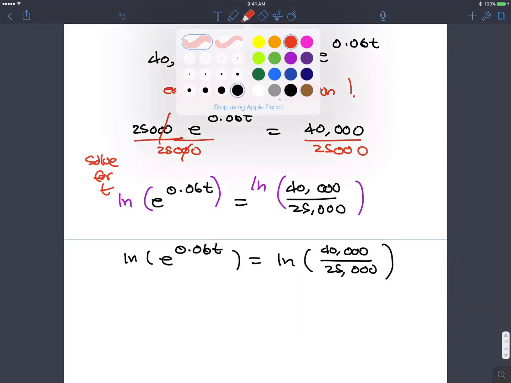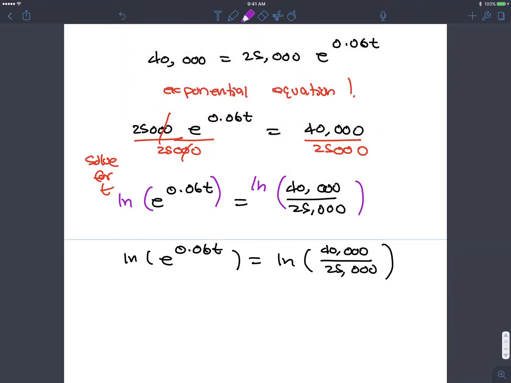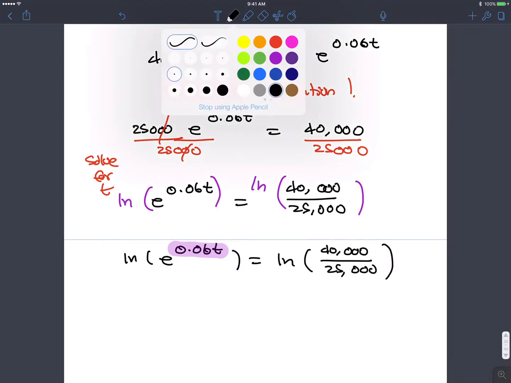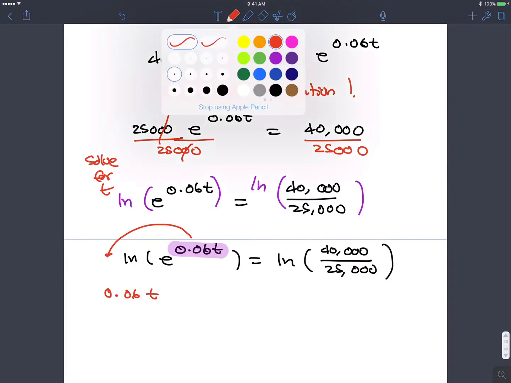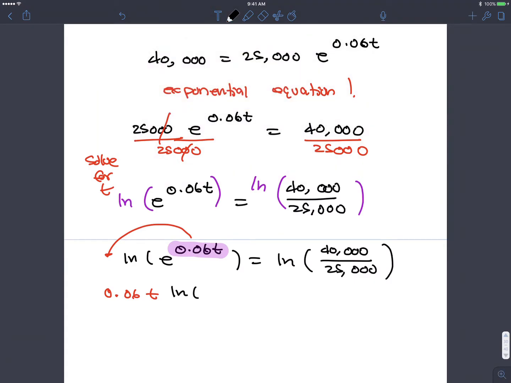Don't forget that we're going to use now the power rule for natural log. That means we're going to pull out this power. Pull this out, okay, by the power rule. And we'll get 0.06t times the natural log of e will still be the natural log of 40,000 over 25,000.